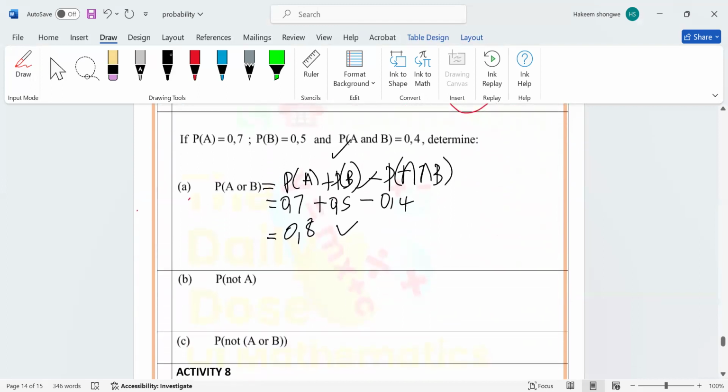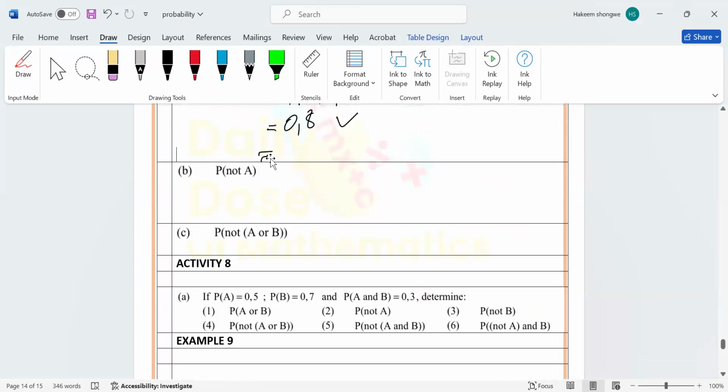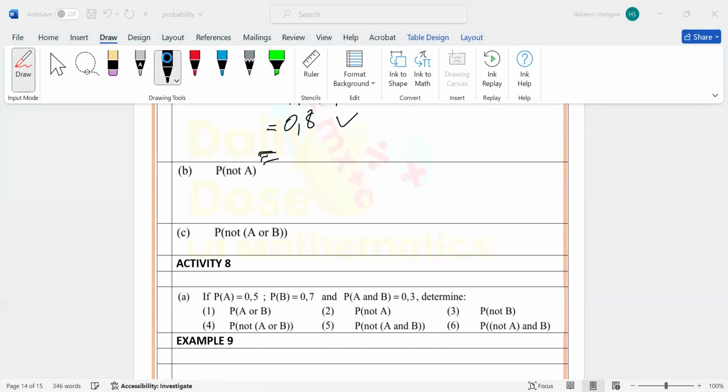We're going to tell them this can be given as 1 minus the probability of A. And then 1 minus, what is the probability of A? It's 0.7. Anyway, this is going to be 0.3.